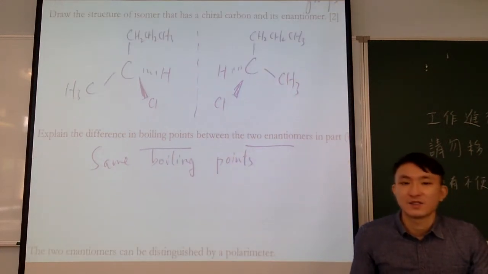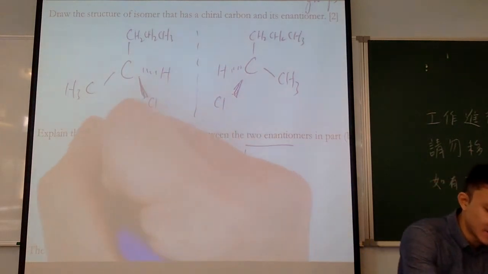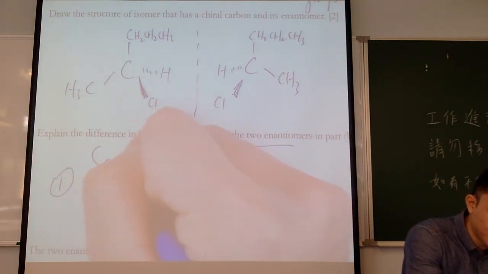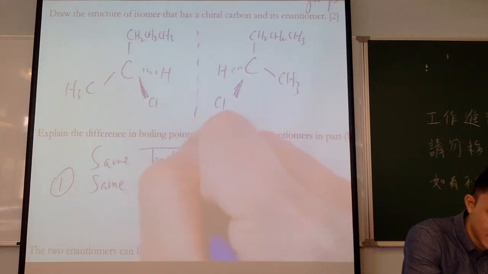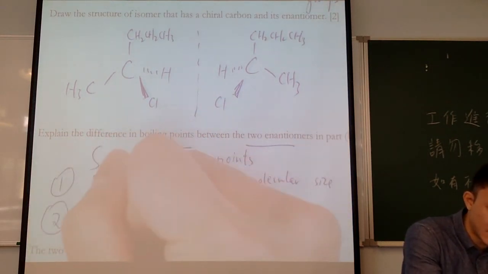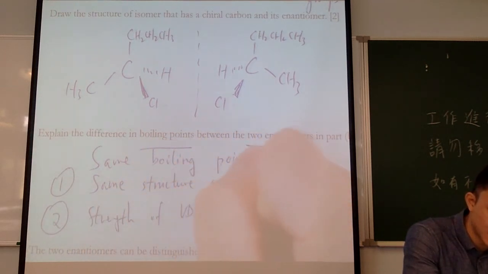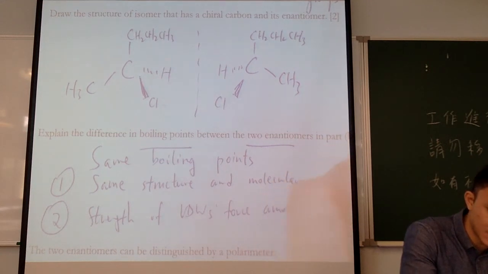So now why do they have the same boiling point? It's because they have the same structure and molecular size. Therefore, the strength of van der Waals force among molecules are the same.